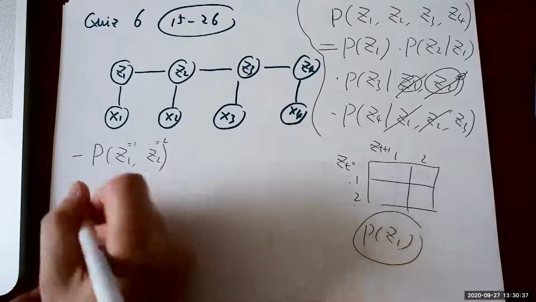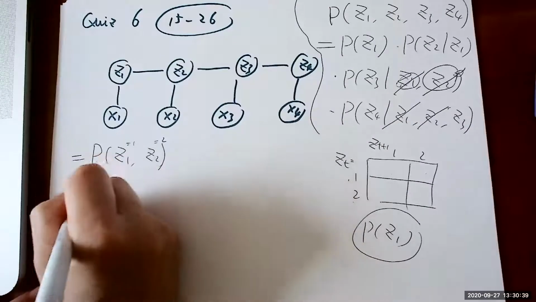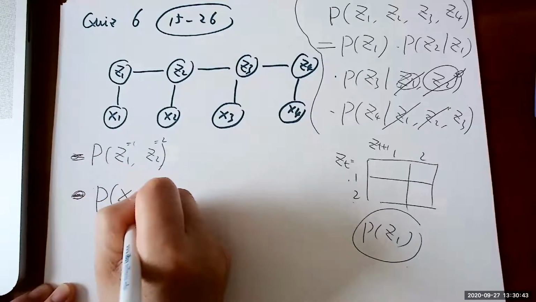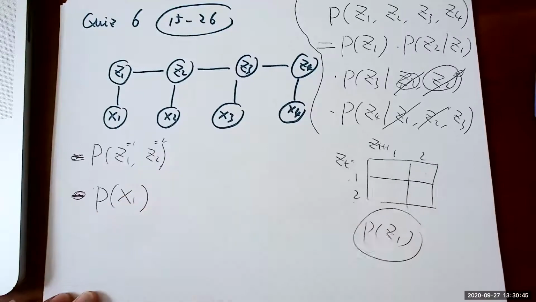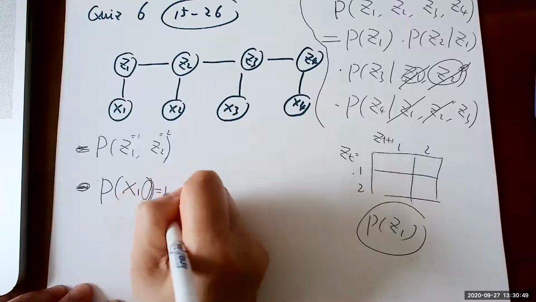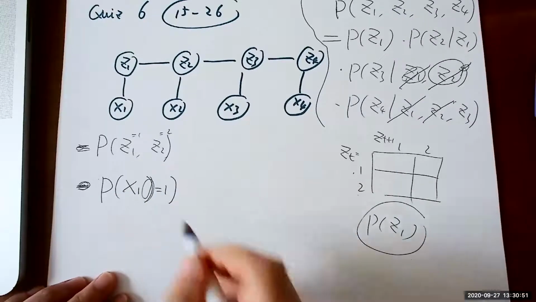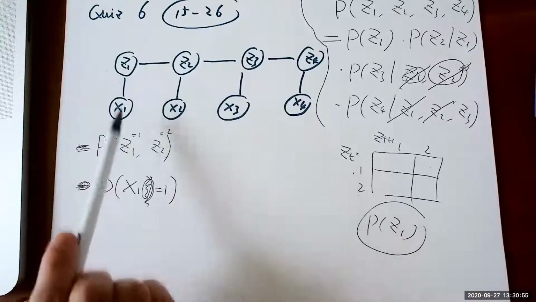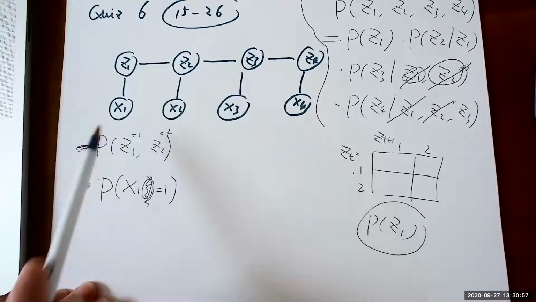Now, how to compute, for example, the probability of X1? I think there is a question to calculate the probability of X1, let's say equal to 1, right? How are you going to do that? Well, first, X1 is here. You cannot generate X1 directly. To generate X1, you have to go through Z1, okay?